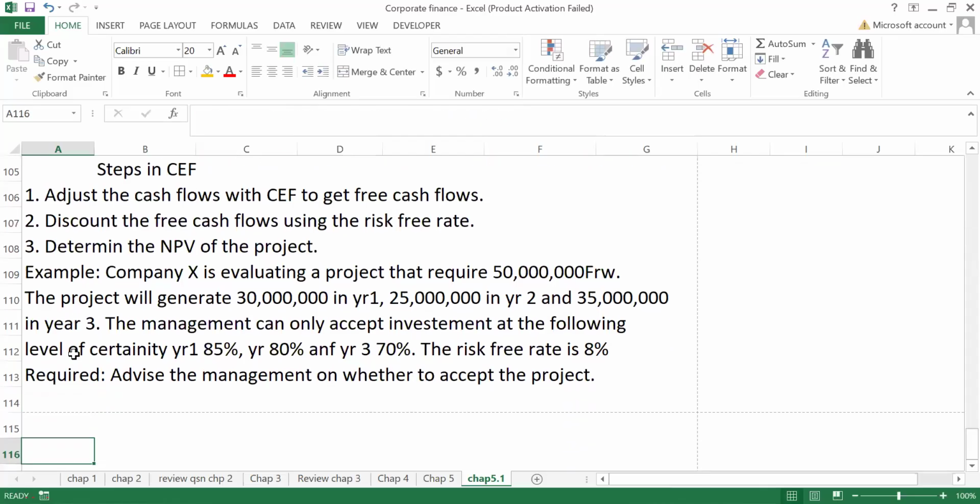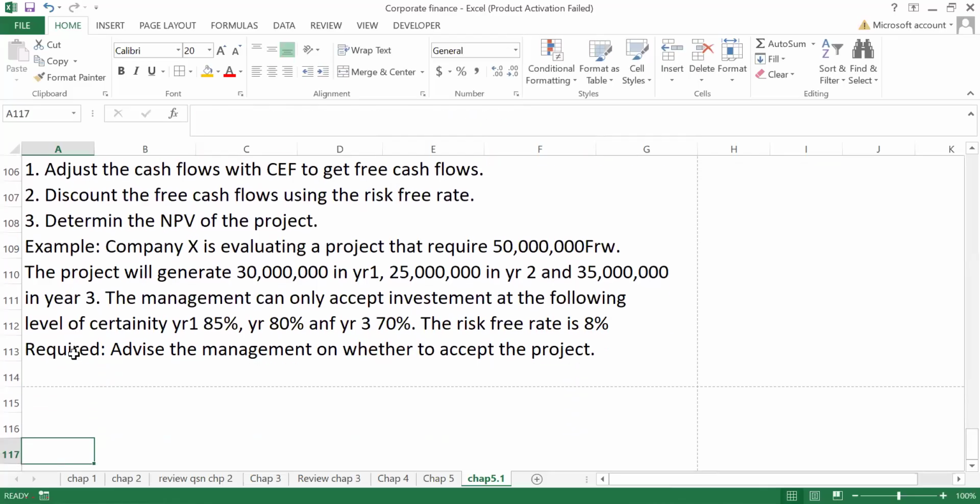Let's look at this simple example on how to use the certainty equivalent factor. Company X is evaluating a project that requires 50 million. The project will generate cash flows in year 1, 2, and 3. The management can only accept investment at the following level of certainty.